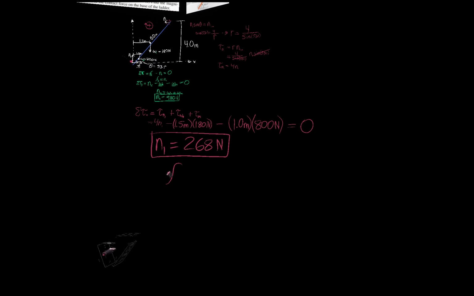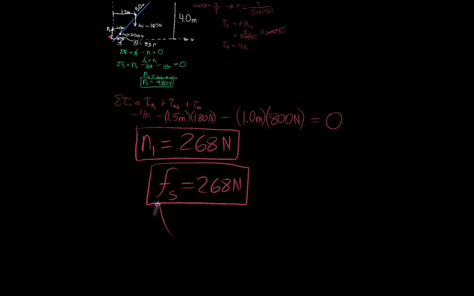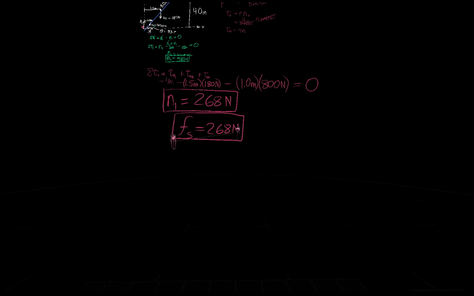So F sub s equals 268 newtons as well. And now we have solved for everything that it wanted, both normal forces, much smaller up here, and the static friction force.